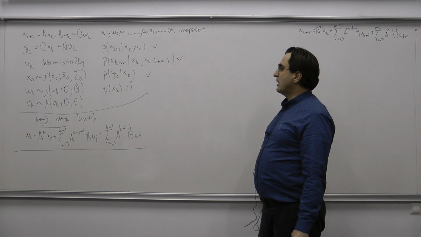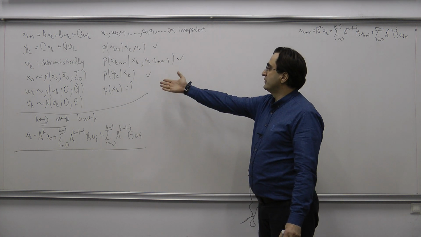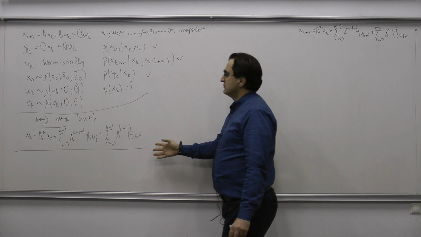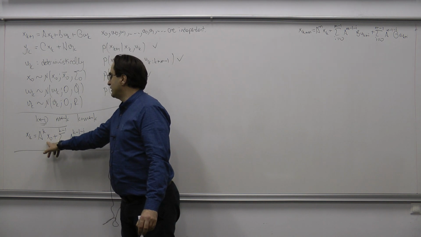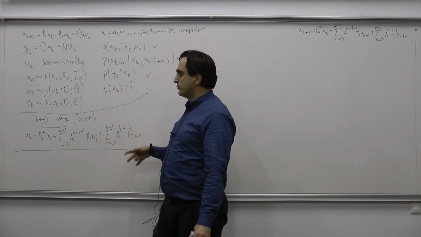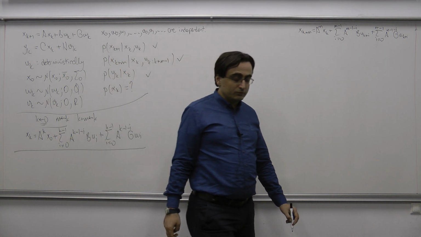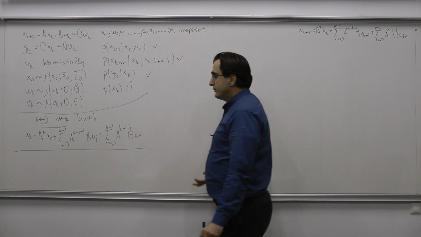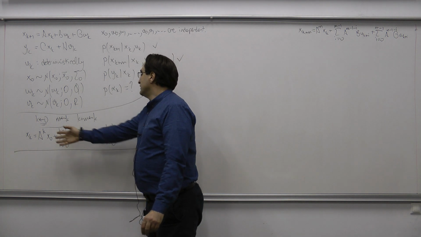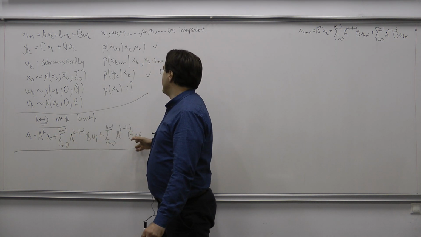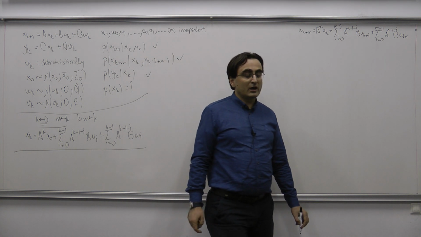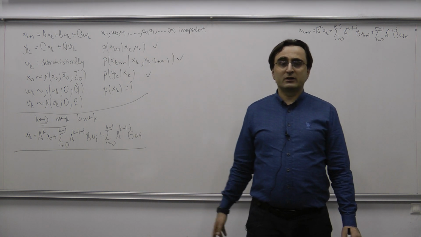So now I have to calculate this distribution. We see that we have these basic random variables, x0, w from 0 to k minus 1. They are independent and Gaussian. That actually means that these random variables, x0 and w0 to wk minus 1, are also jointly Gaussian.